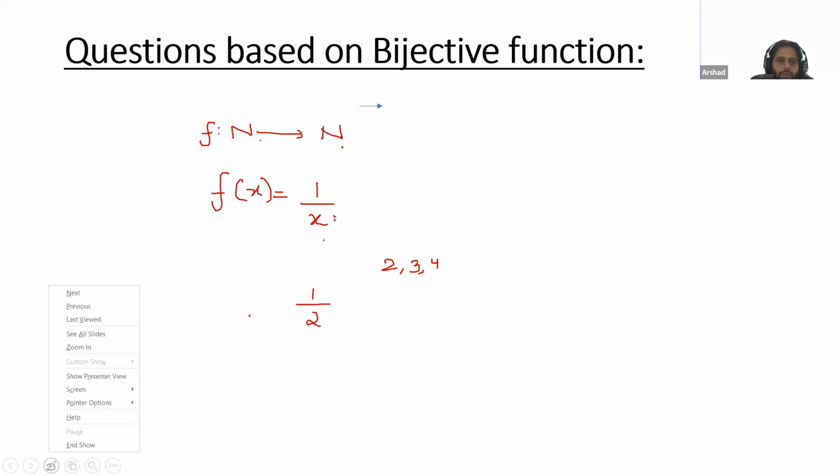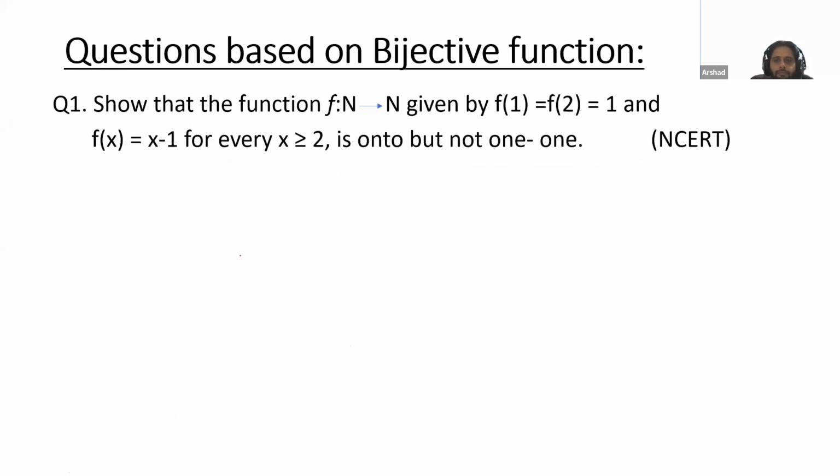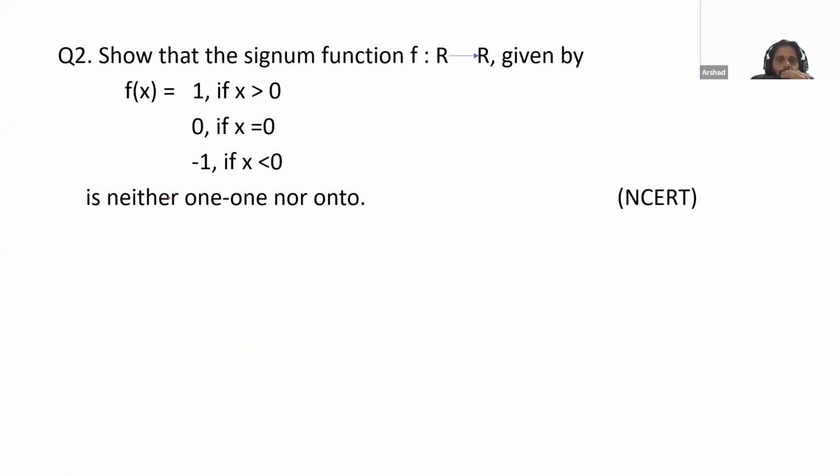Bijective function. So who can tell me? Rifat, can you tell me what is a bijective function? Leave this, we will do it later.